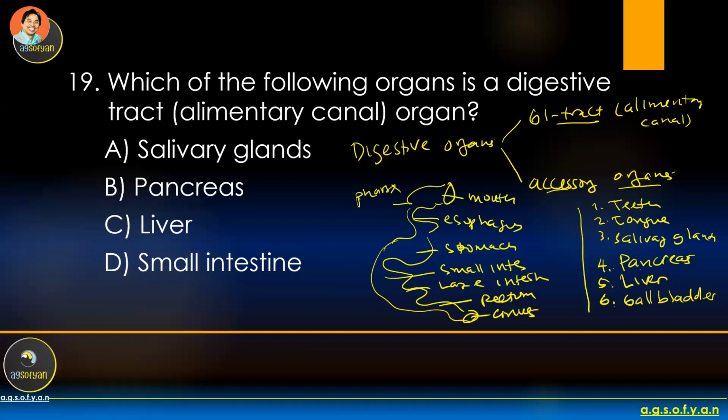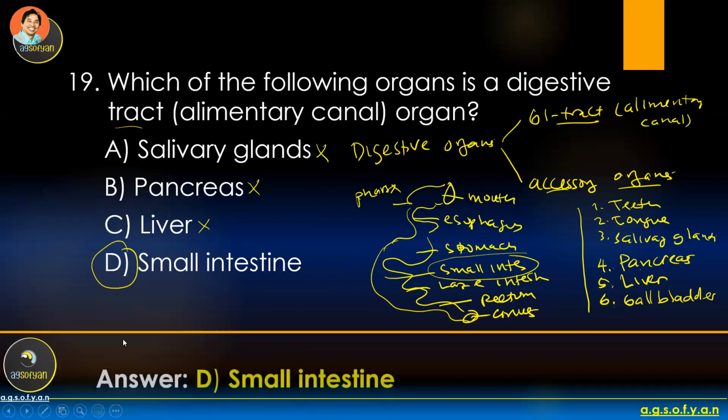So the question is, which one is a digestive tract, the alimentary canal? Salivary gland? It is not, it is an accessory organ. Pancreas is also an accessory organ. Liver is also an accessory organ. Small intestine is part of this alimentary canal or GI tract. So the answer will be the small intestine.